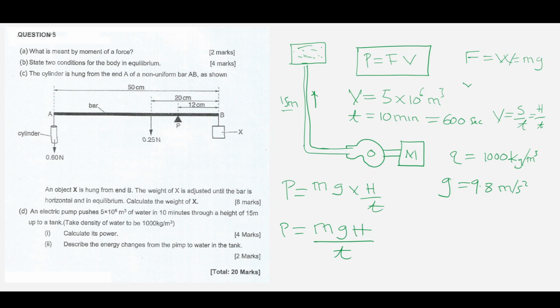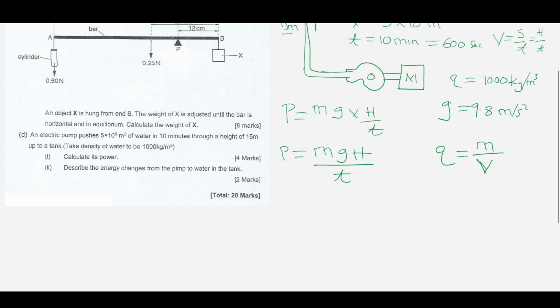So what we do not have is the mass, but we can find the mass using the density and the volume. We know that rho, or density, is equal to mass over volume, and we have the density and the volume there, so we can make mass the subject of the formula. So mass will equal density rho times v.